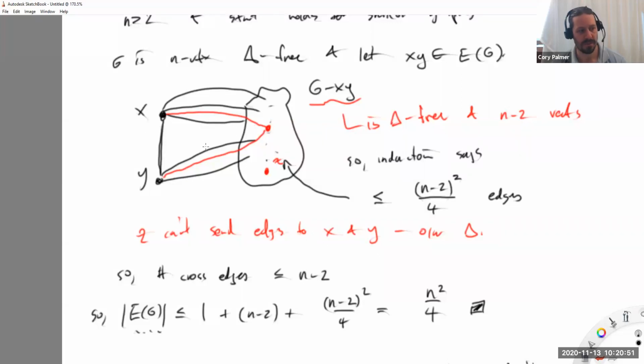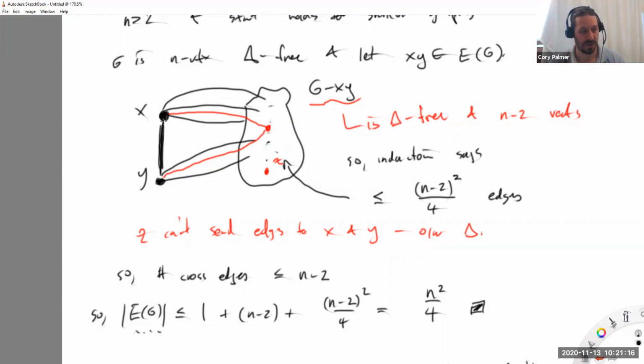So if there's at most n minus 2 edges going from this side to this side here, what happens if I actually try to compute the degree of x and y? It's bounded above by what? Anybody see? Not n minus 2. Because if I compute the degree of this plus the degree of this, yes, indeed, the number of edges being counted that go across is at most n minus 2.